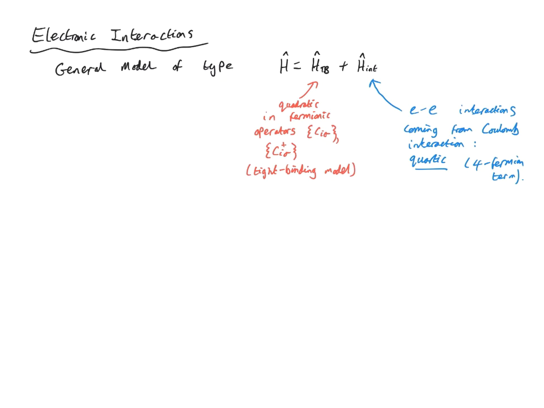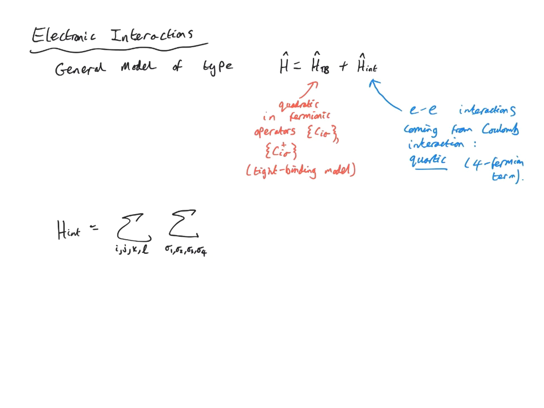So what is the most general form of our interaction Hamiltonian if we allow it to be a quartic type term? Well, we have 4 fermions, so we'll have to have a sum over I, J, K, and L for our 4 different sites, and those orbitals can have different spins, which I'll call sigma 1, sigma 2, sigma 3, and sigma 4.